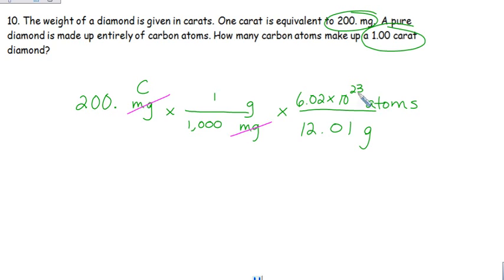The number of atoms in a mole, and then I have the mass of a mole of carbon. You can plug this in your calculator to get about 1.00 times 10 to the 22nd carbon atoms. There, that wasn't so bad.